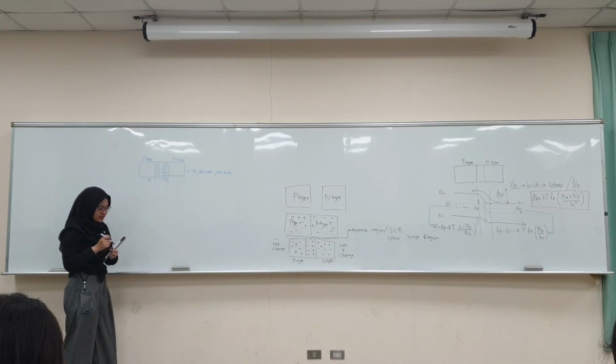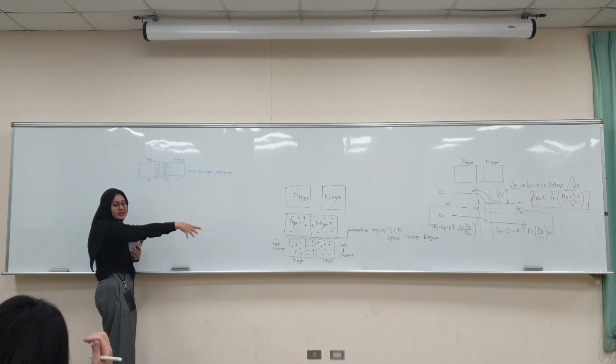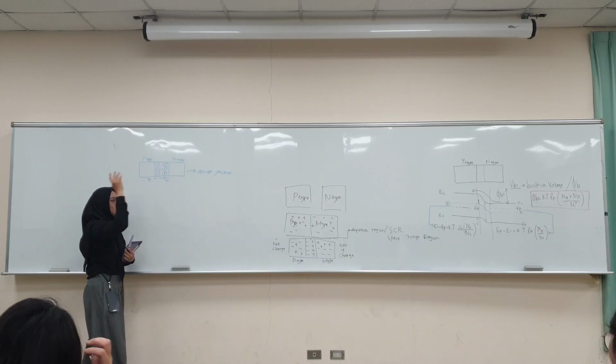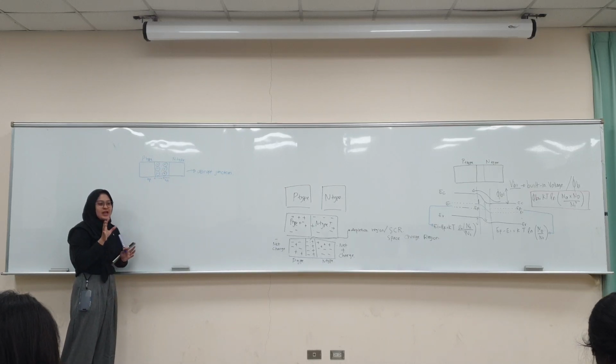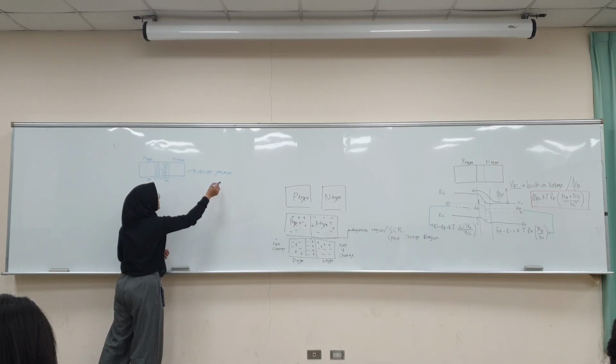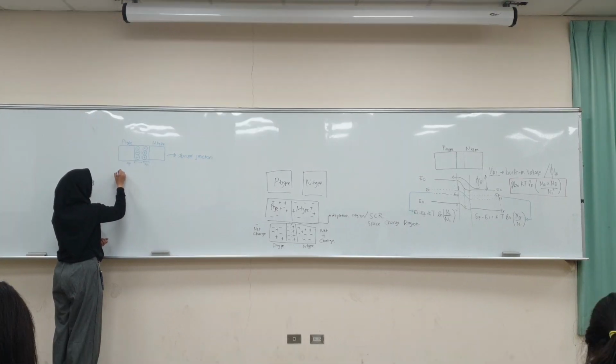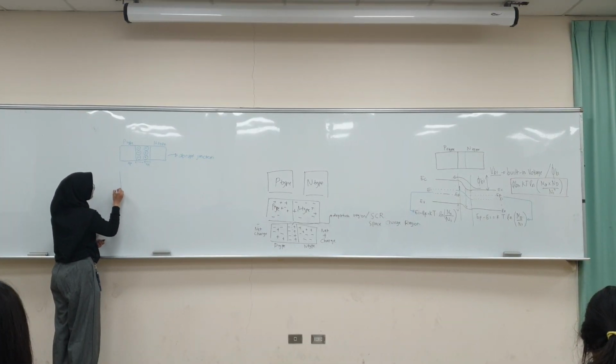Abrupt junction means that the transition of the electrons and holes between the p-type and the n-type just goes without any transition or barrier. So we assume it's only an abrupt junction. And then from here, we can make a graph.